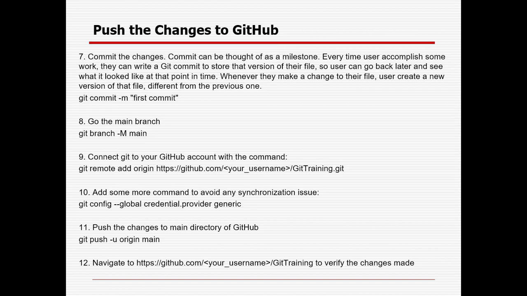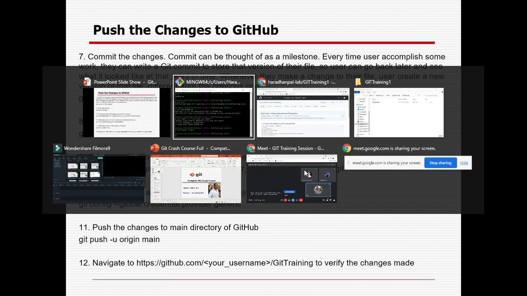After that, how can I connect that git with my GitHub account? The command I need to write is git remote add origin, and then the path. From where can you get it? It is https://github.com, then your username and the folder name, and then .git. That's how you get the path of your repository.